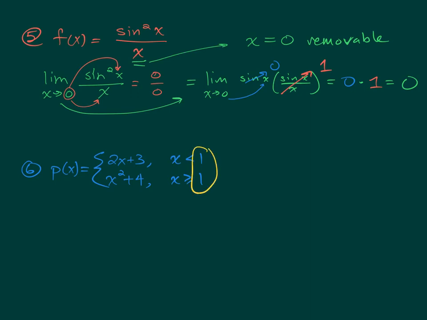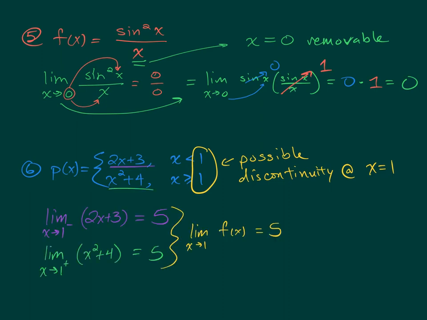So there's always a chance that there's a discontinuity at this value. And you have to check by taking the limit from each side of 1.